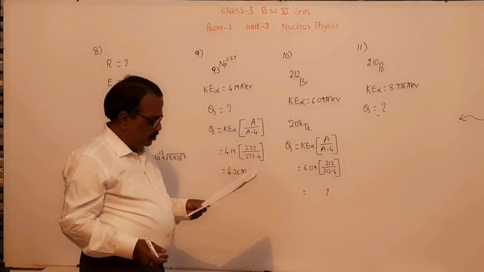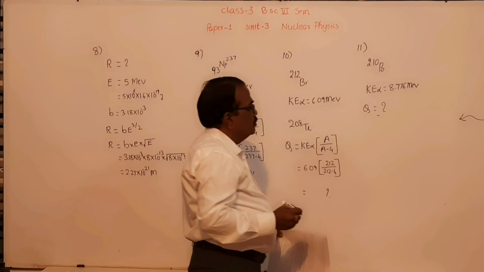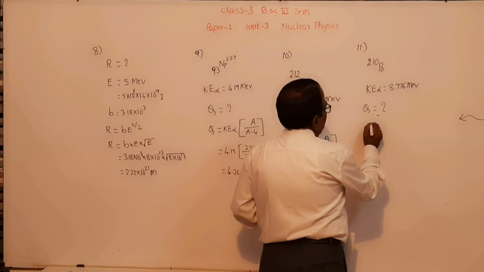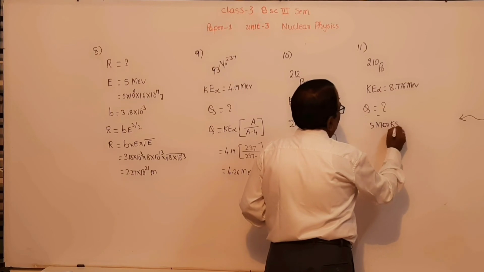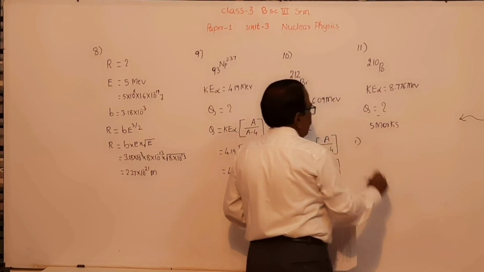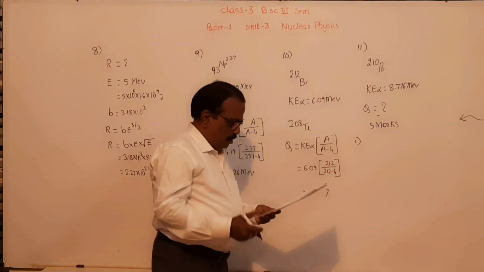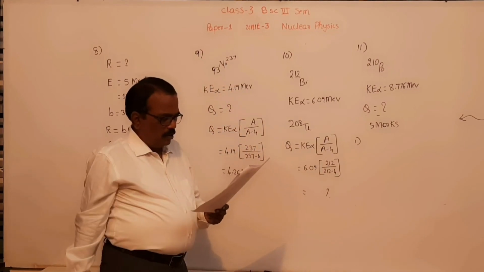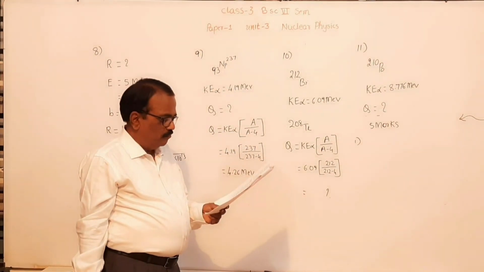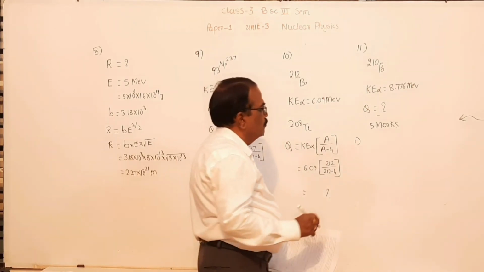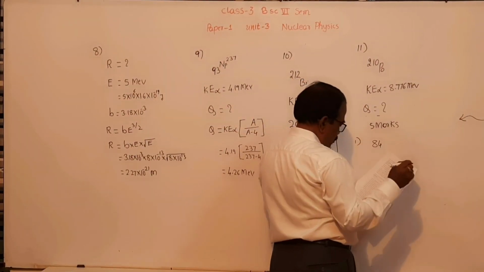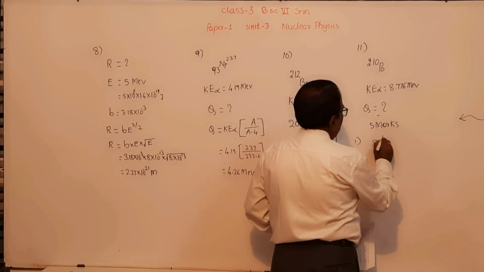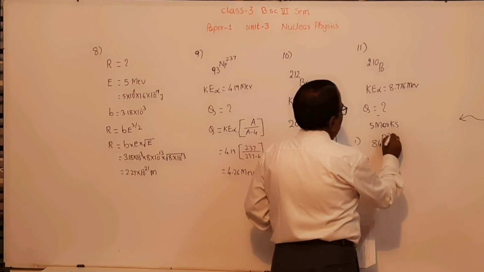See, in 5 marks, first example. Calculate the alpha particle potential barrier in the case of 84 Po 212.